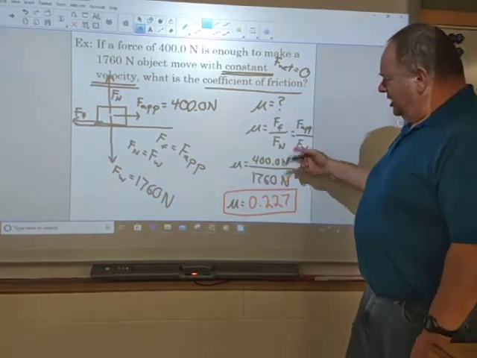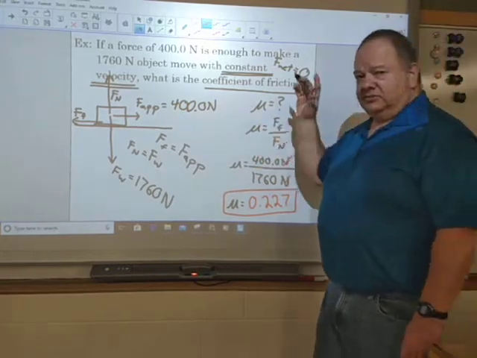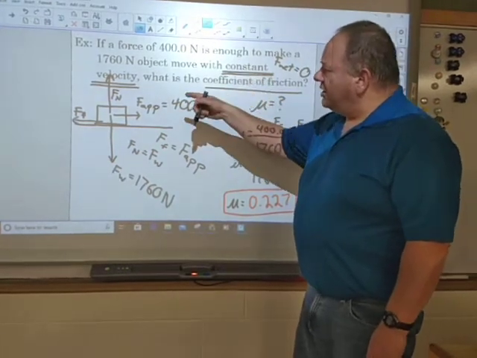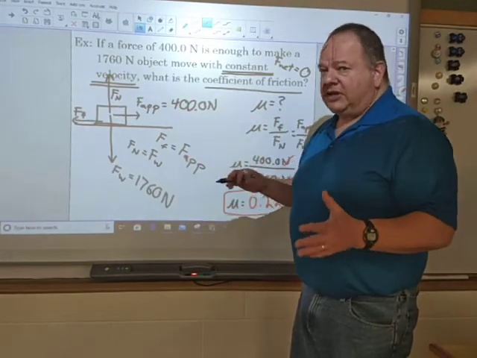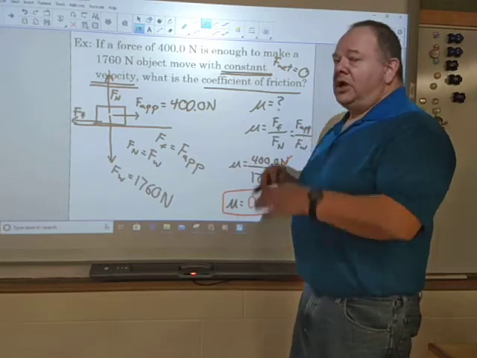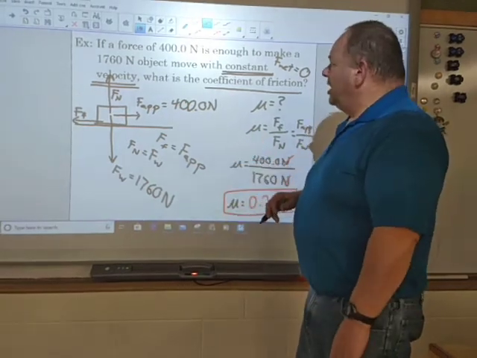Now, calculation is really trivial. We had to recognize some things from this problem. We have to recognize the significance of constant velocity. That's going to happen in a lot of our problems. Constant velocity means zero net force. Now, it's not going to be in all of our problems, so watch out if something is accelerating.